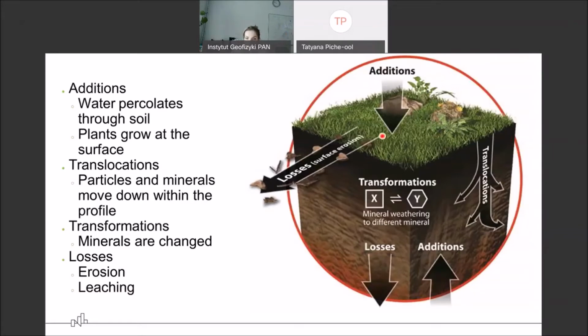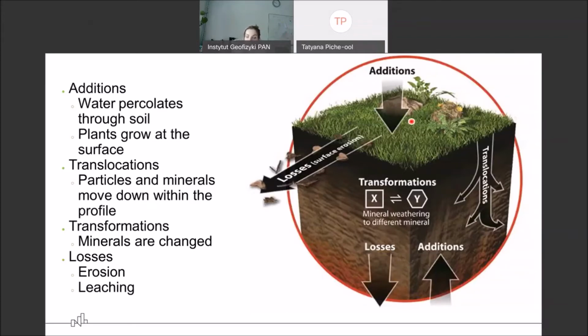Also there are some losses, because when water percolates, it makes the soil lose some of its values. There are also processes like erosion or leaching that I mentioned, losing some value, like nutrients, for example. But there are also some transformations or translocations.